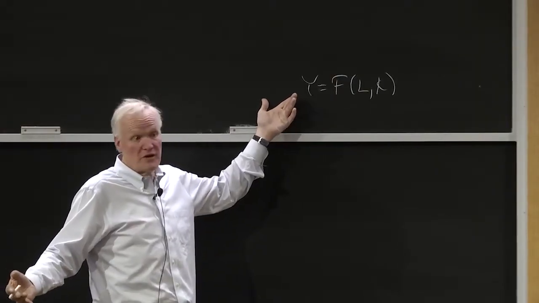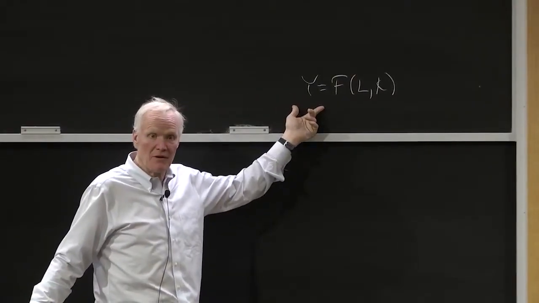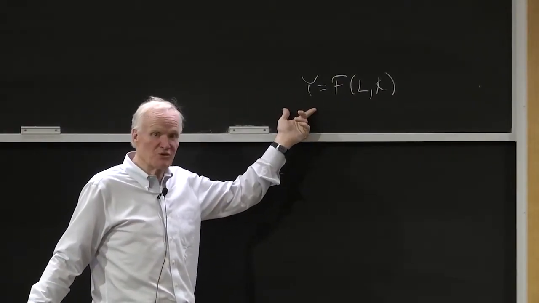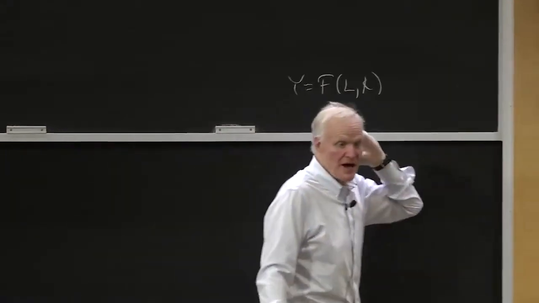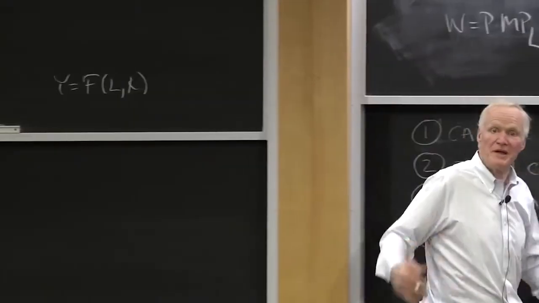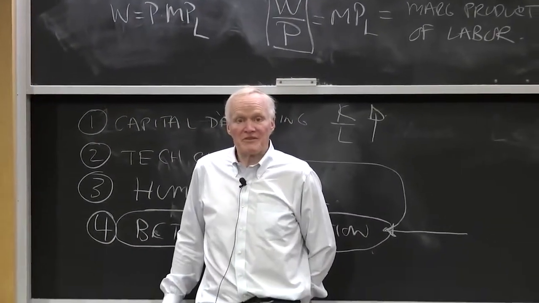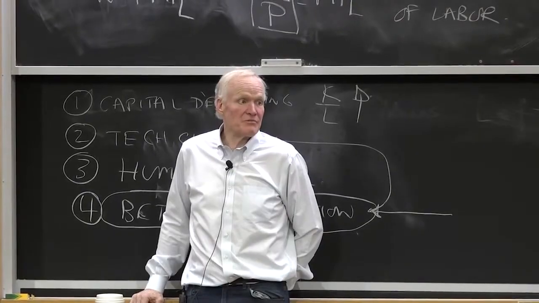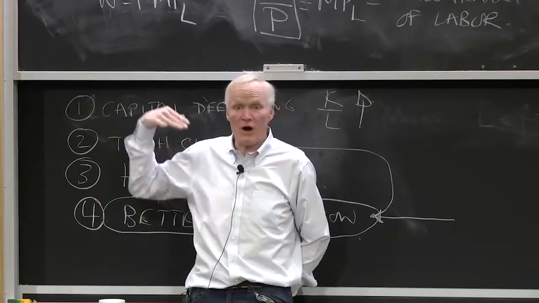You could ask what capital could do without labor, or what labor could do without capital. Unfortunately, those two generally won't add up to the total, right? If there's some complementarity, which there usually would be, you would say, well, what do I do with the rest? I don't know how to allocate the rest between labor and capital. It's a joint product. Same is true of all this progress.